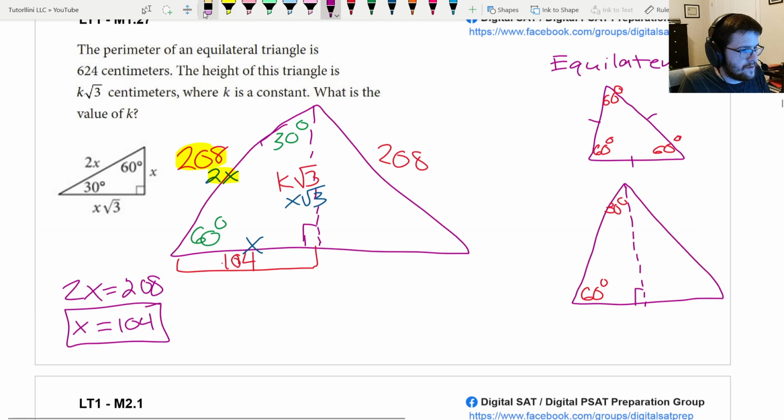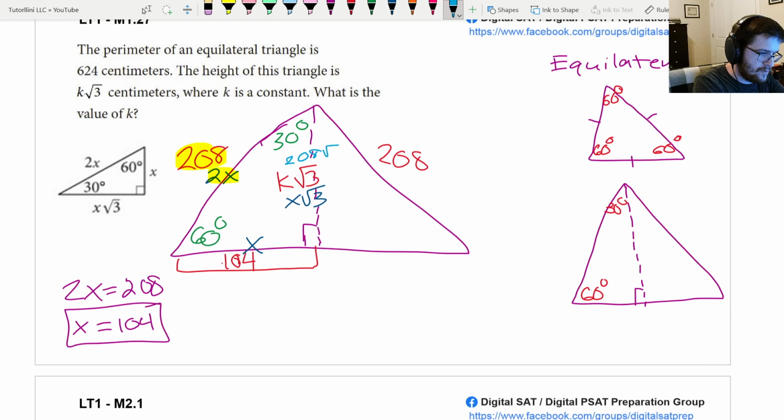So that side's 208. And this side, the height, is x root 3, 208 root 3. So hopefully you can kind of see that 208 is k. So k is equal to, oh, sorry, my mistake, not 208, it's 104.